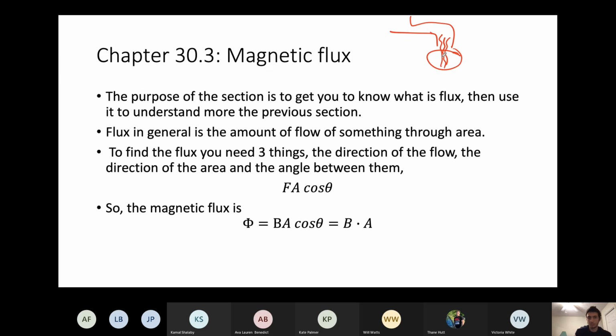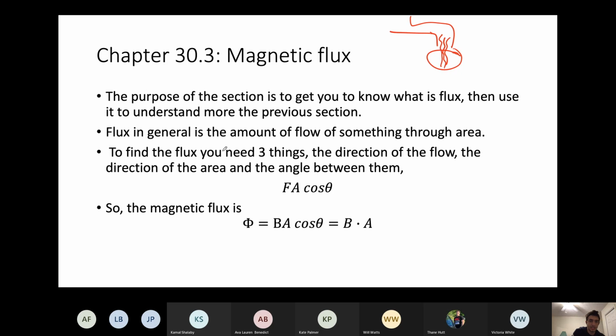So the flux depends on two things: the amount of water passing in 1 second, and the area of this circle. The smaller it gets, the smaller the flux will be, and the bigger it is, the bigger the flux.